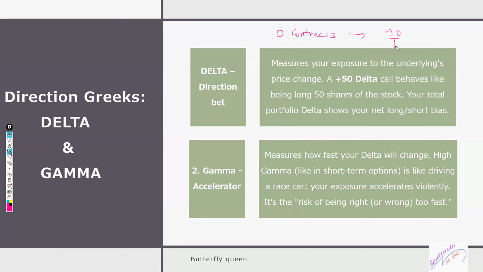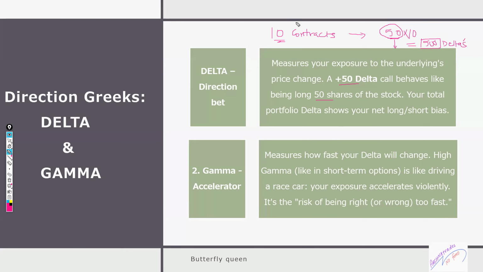We talked about a 50 delta call being 50 shares. So you have 50 times 10, you are controlling 500 shares. Or 10 contracts long at 50 delta will show up as 500 deltas in your portfolio. You are long 500 deltas in your portfolio.